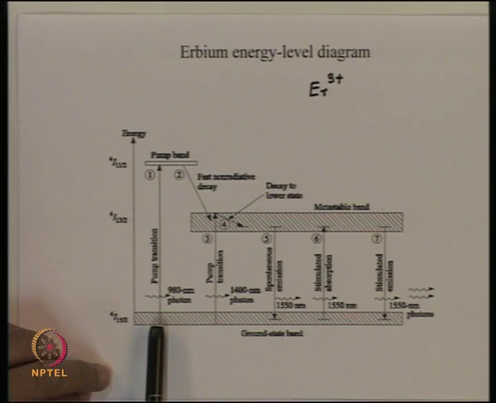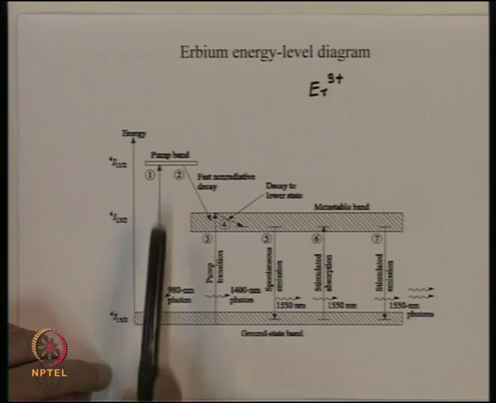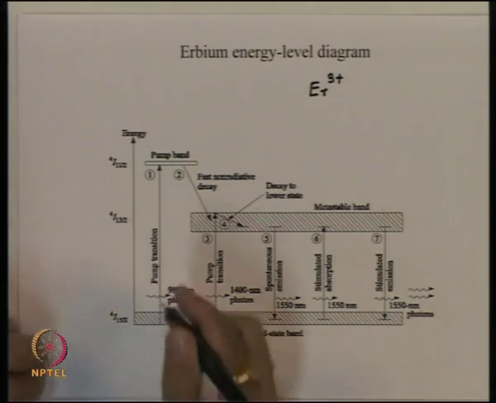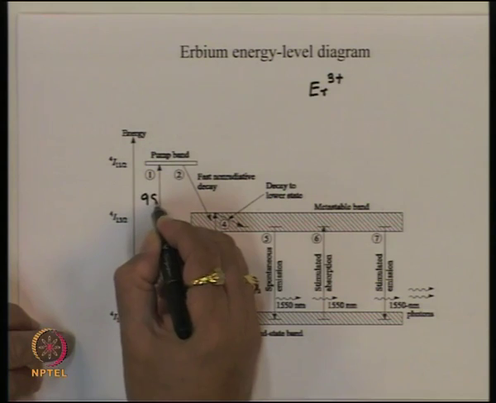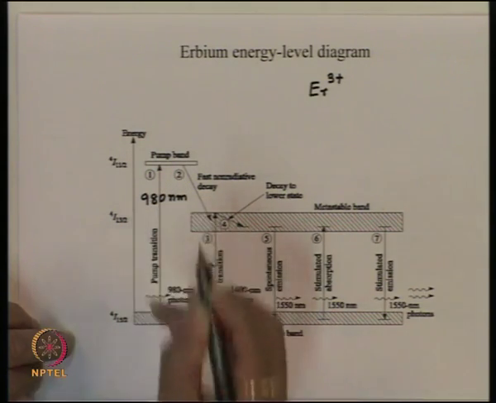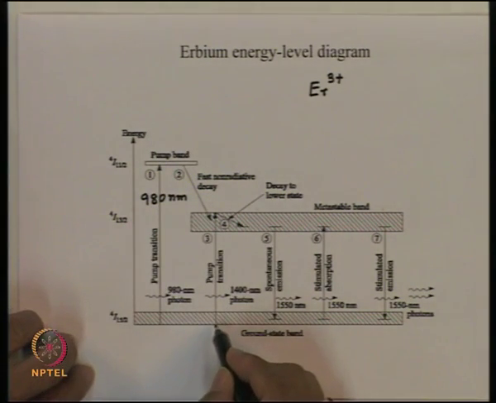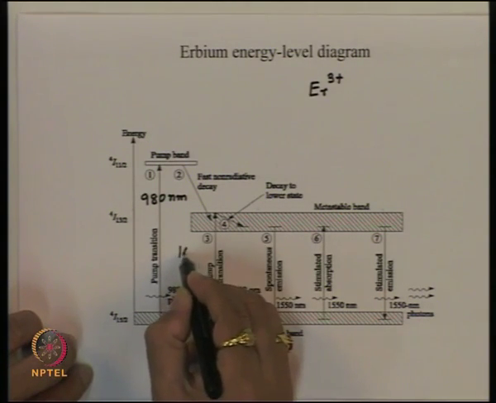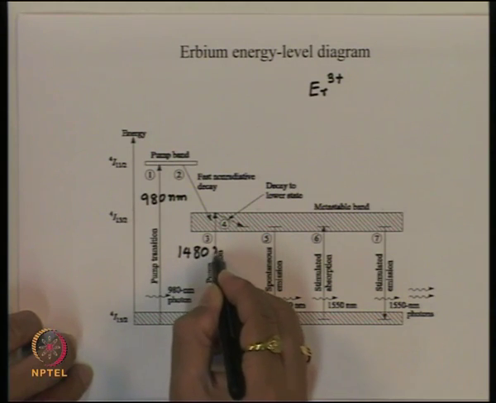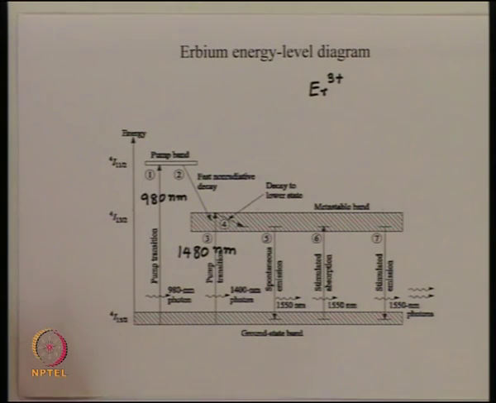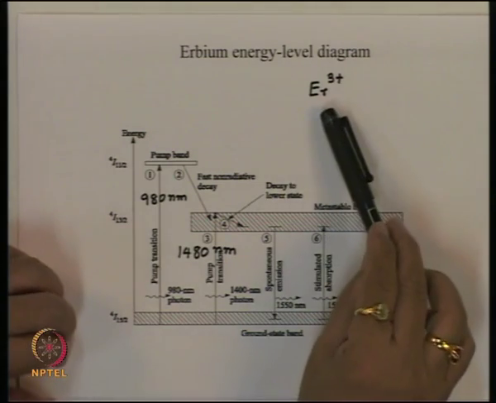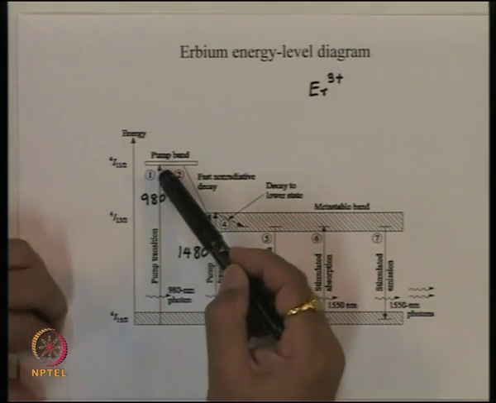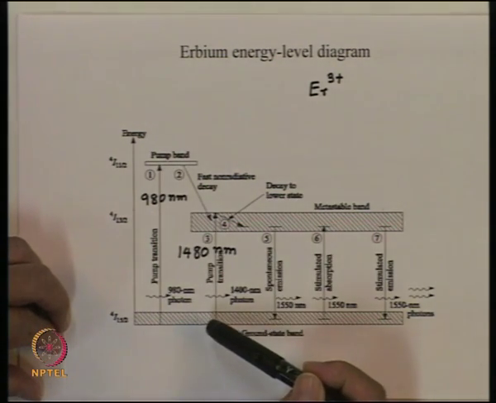As we saw, either we can pump from this level to this level, which corresponds to a wavelength of 980 nanometer, or we can pump from this level to the top of this level, which is 1480 nanometer. So, this material, erbium doped glass, can be pumped either at 980 nanometer or at 1480 nanometer.